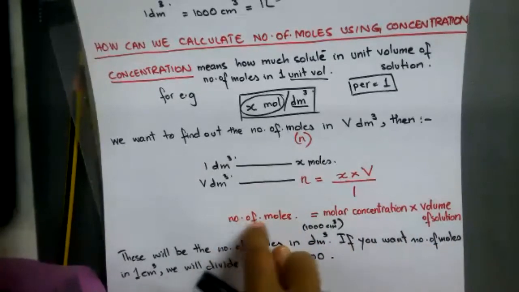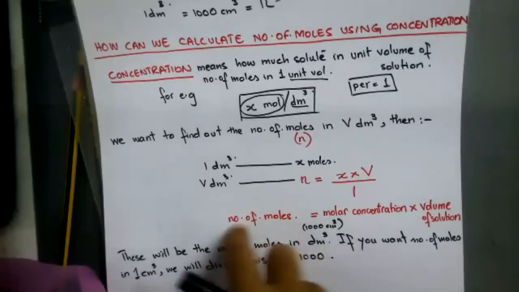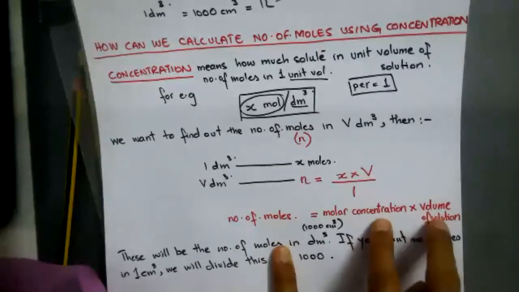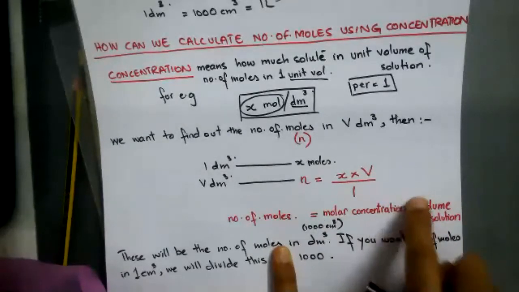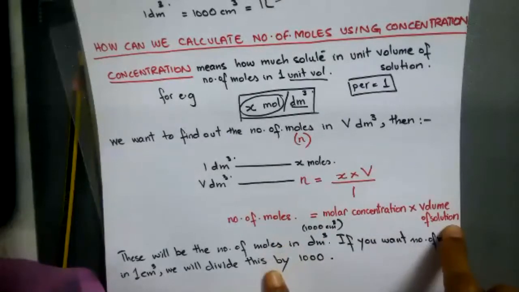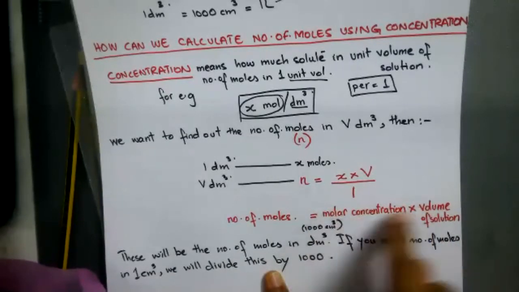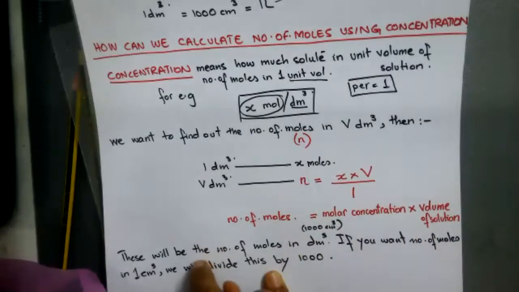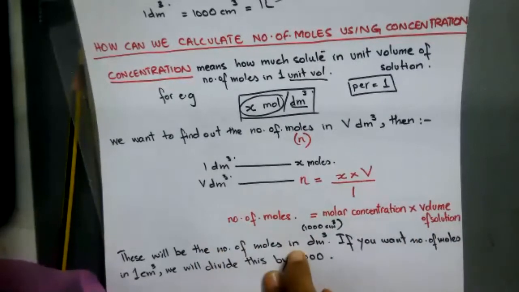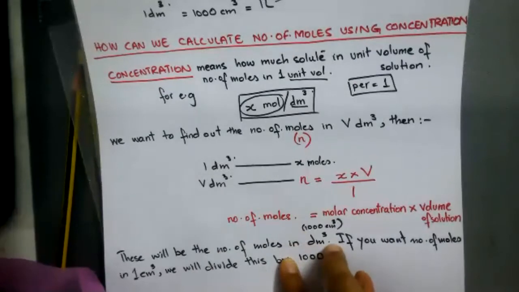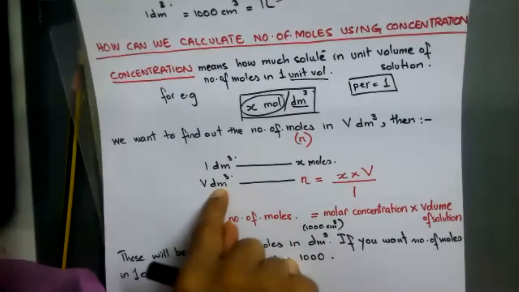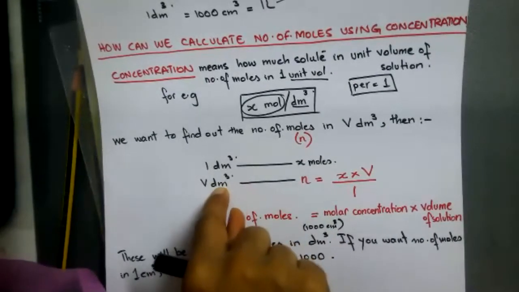You need to multiply molar concentration with the volume of solution. After you multiply them, whatever your answer is will be the number of moles in the volume used, which is in dm cube. Why? Because the volume unit that you used was dm cube.